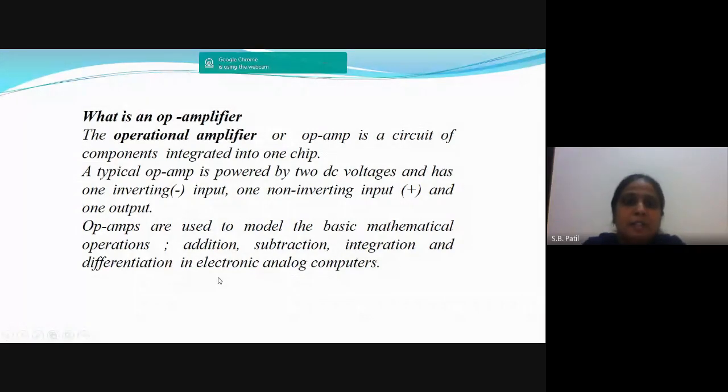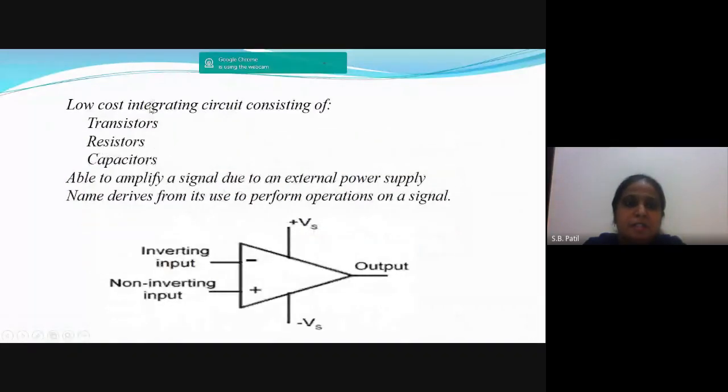It is a low cost integrated circuit consisting of transistors, resistors, and capacitors, able to amplify the input signal due to the external power supply. The name is derived from its use to perform operations on a signal.